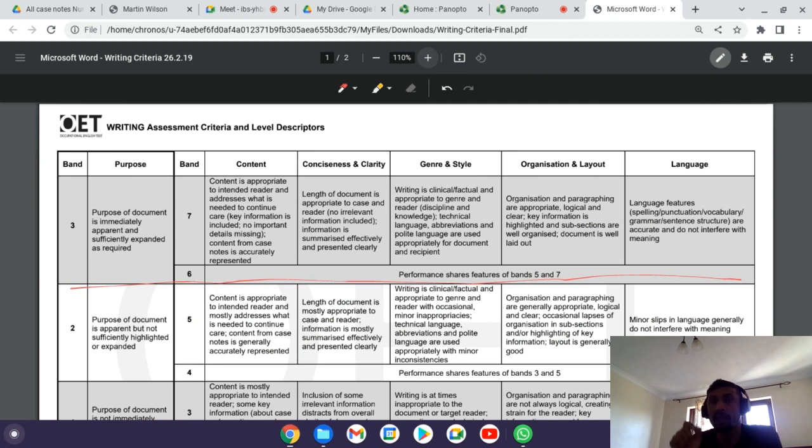And another important question in the case note: where is it mentioned whether it is urgent or not, and why it is urgent. It is mentioned in the writing task that it is an urgent letter. So where are you going to mention that?